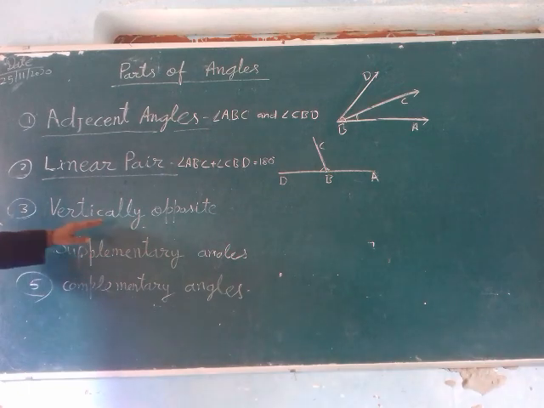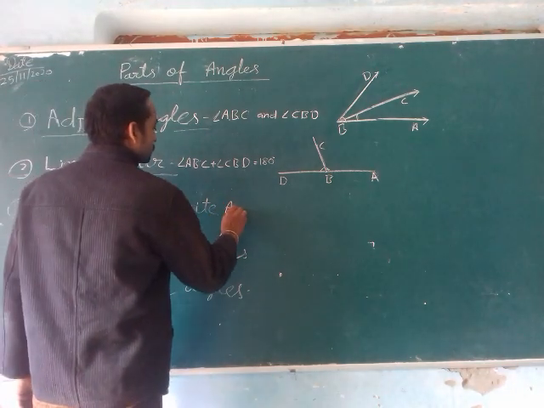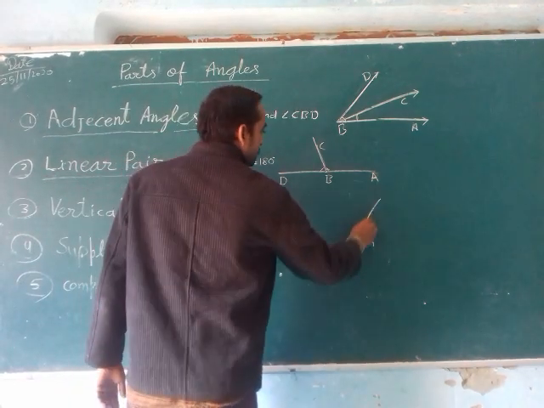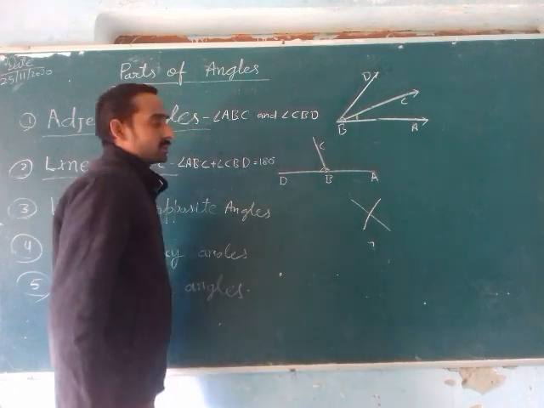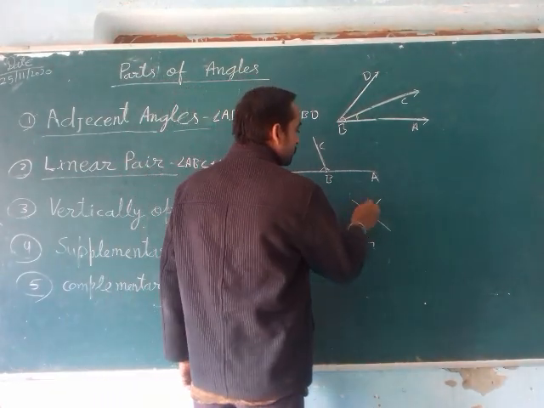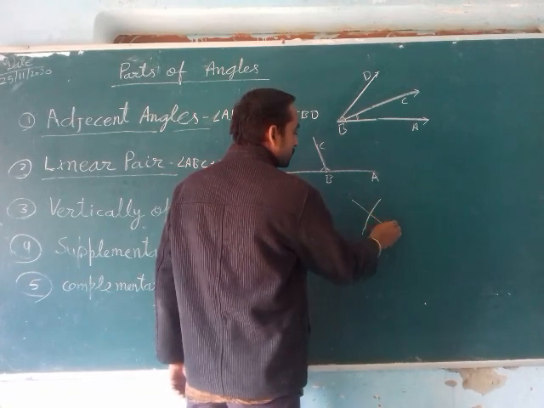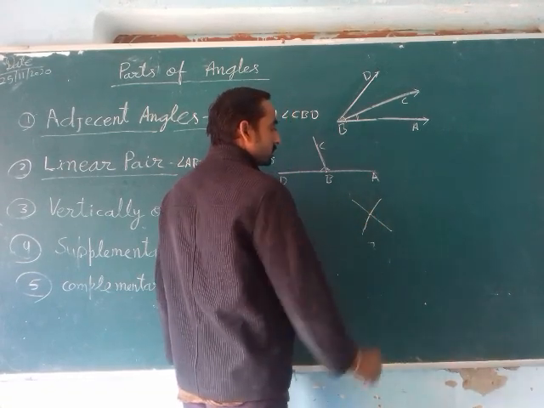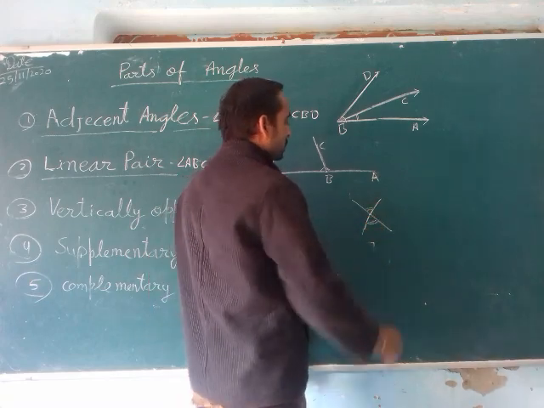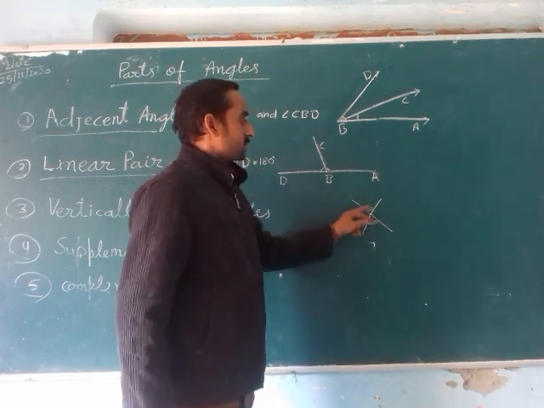Third point, vertically opposite angles. When two lines or rays or line segments intersect each other at a point, then they make four angles.